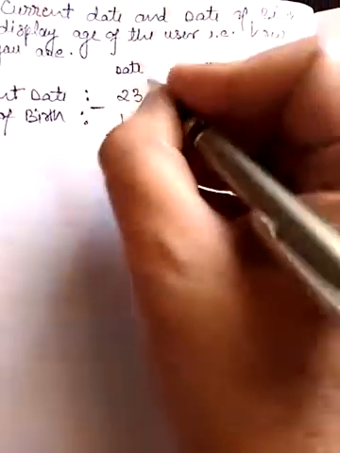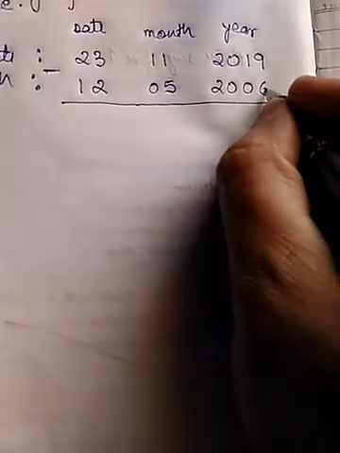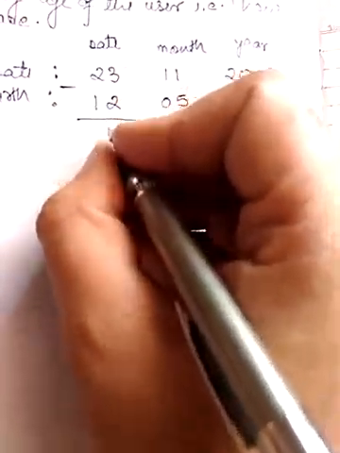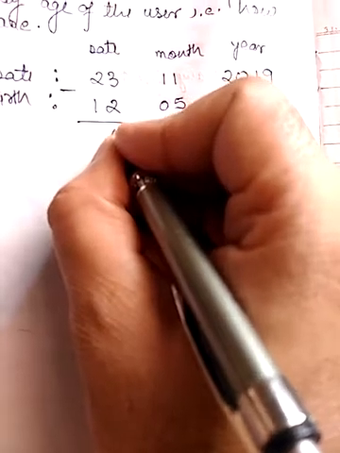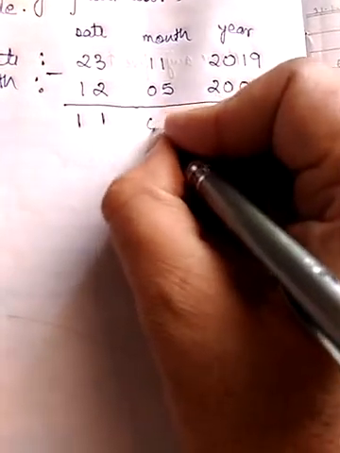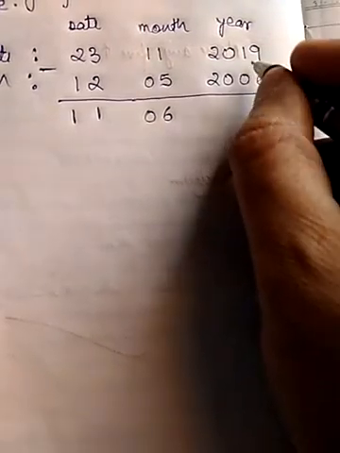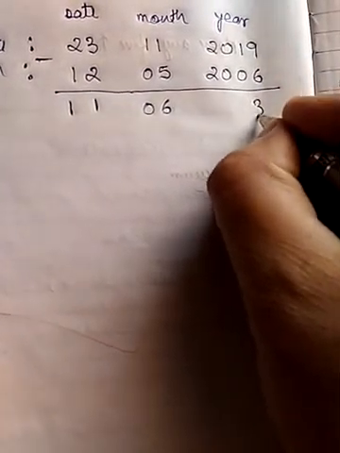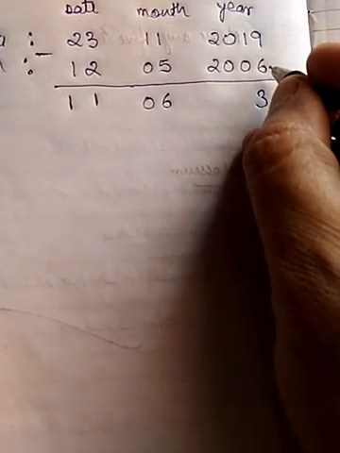The simple logic is subtract the date of birth from the current date. You will get here, 3 minus 2, it is 1. 6, let us minus, it is 9. 3, 1, 13.